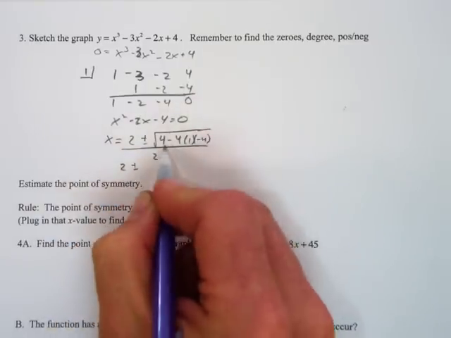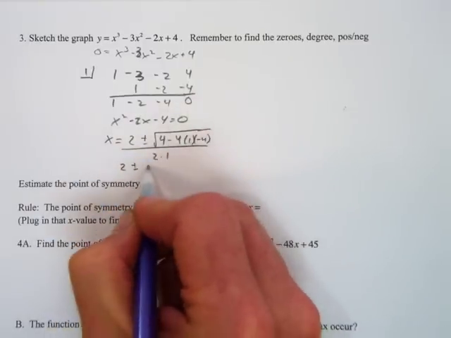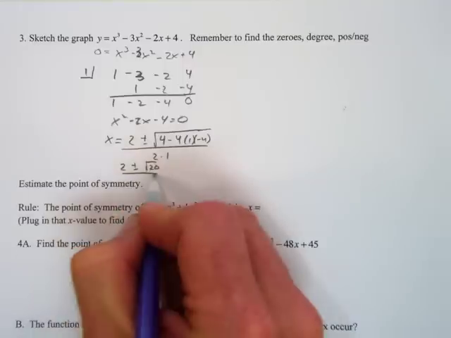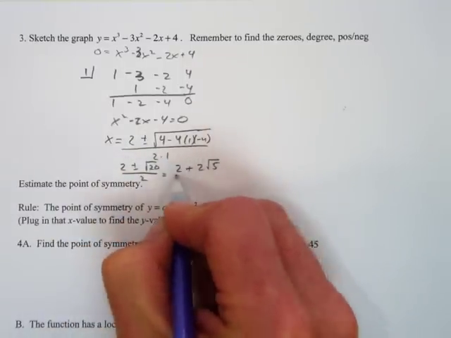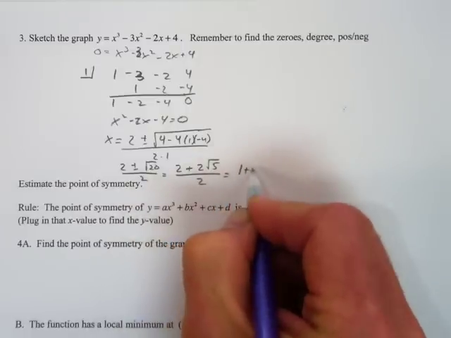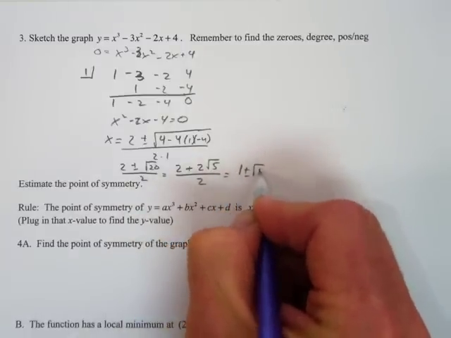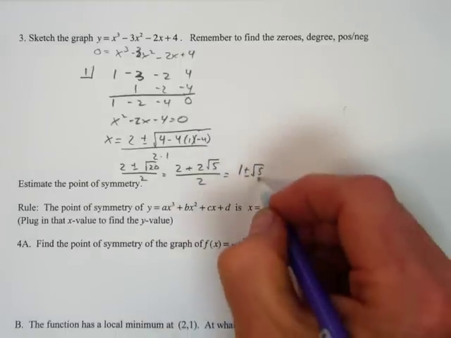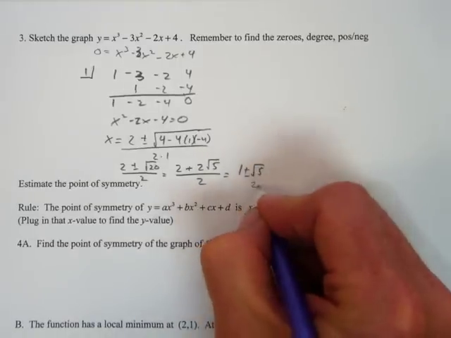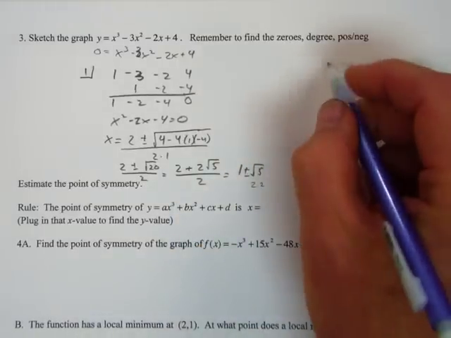So we have 2 plus or minus the square root of 20 over 2, so 2 plus or minus 2 root 5 over 2. So we have 1 plus or minus root 5. I showed you before how to estimate this. The root 5 is approximately equal to 2.2 when we sketch our graph.